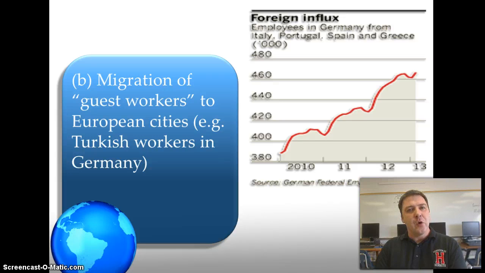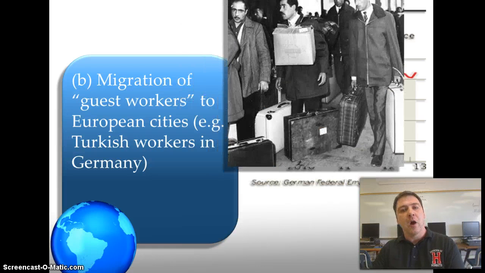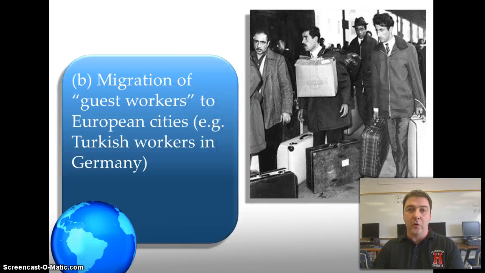Germany is sort of noted for having a big guest worker program. Our chart here shows us workers from Italy, Portugal, and Greece flocking to Germany in larger and larger numbers. Historically, that number has been largest from Turkey. Okay, the Turks have been moving to Germany in large numbers really since World War II.